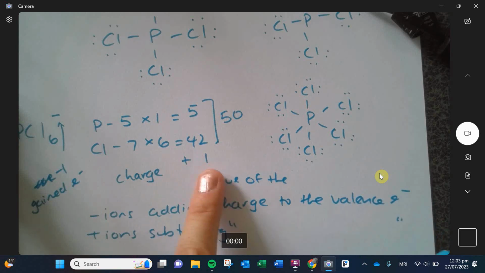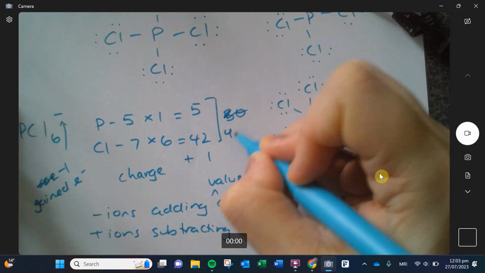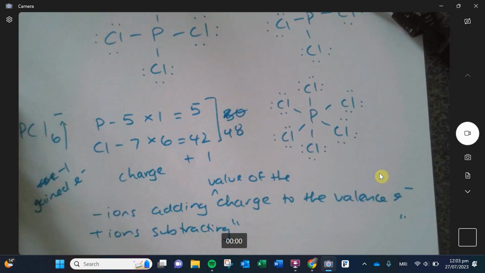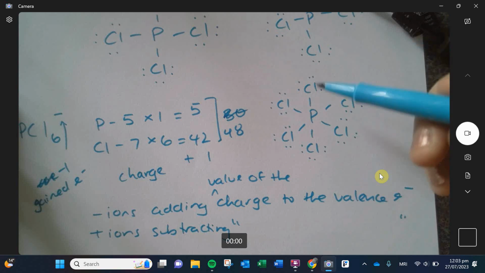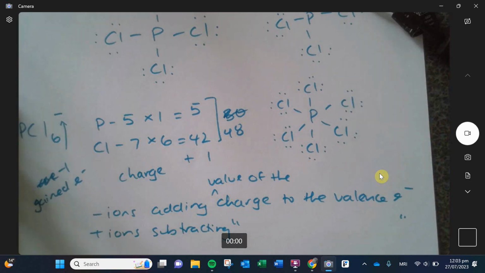That's the 42. And I've added an extra electron because this is an ion. Is it 48? Did I do my math right? You're right, 48, sorry. Thank you. So 8 times 6 is 48. Good checking.